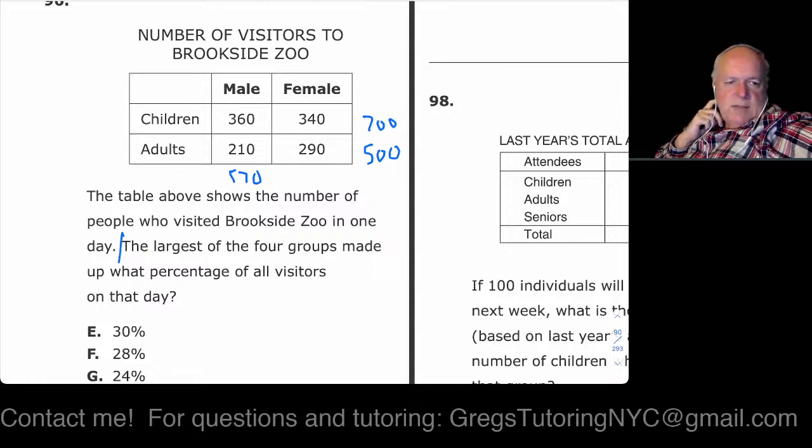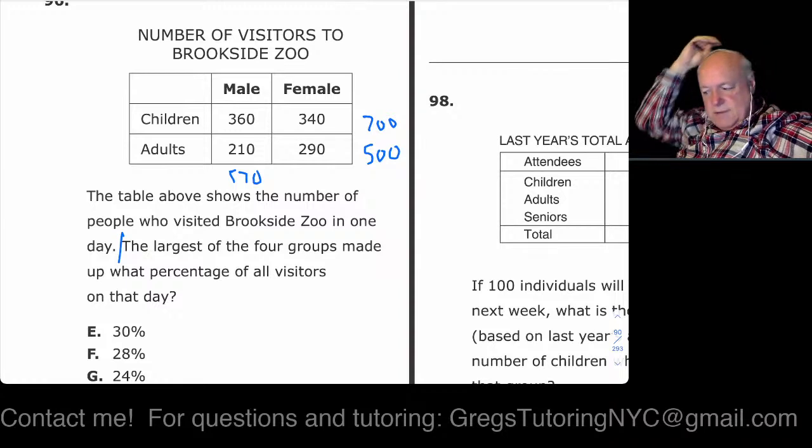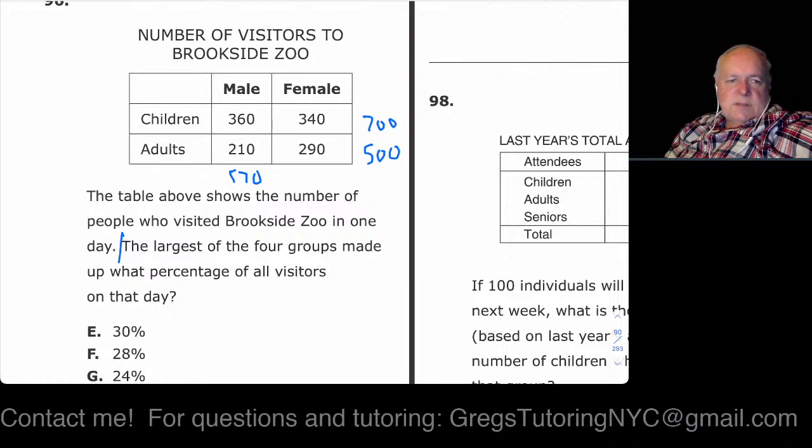And there's 210 plus 290 adults, so that's 500. And it says the larger of the four groups, so this is the larger of the four groups, the 360. Makes up what percent of all visitors on that day?